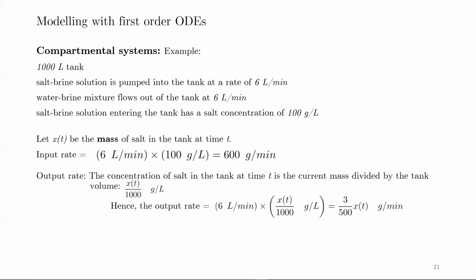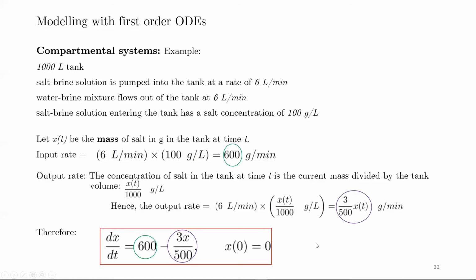Okay, so key points there. Input rate is 600 grams per minute. Output rate is 3 over 500 times x grams per minute, where x is the mass of salt in the tank at time t. So therefore we can write our differential equation, or in fact our initial value problem, like so.